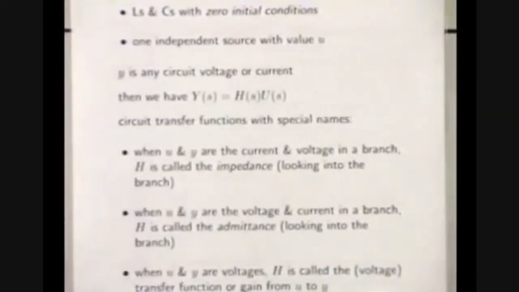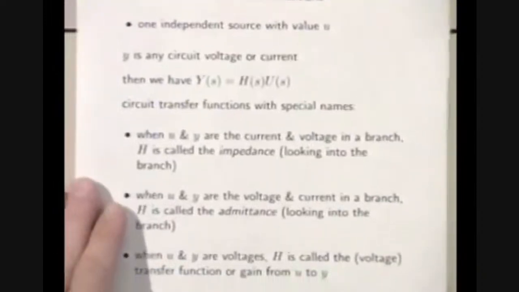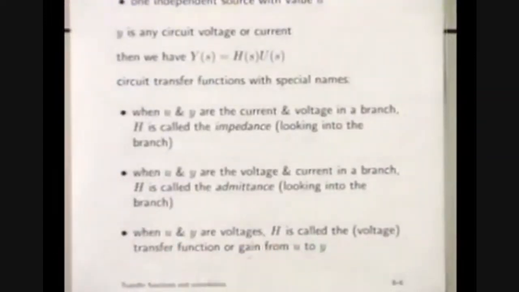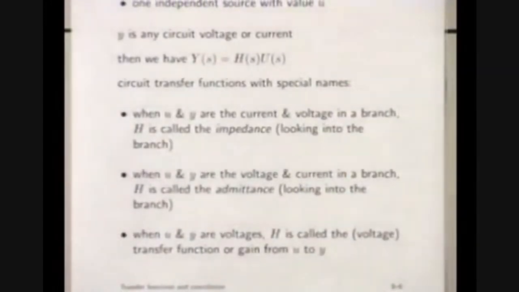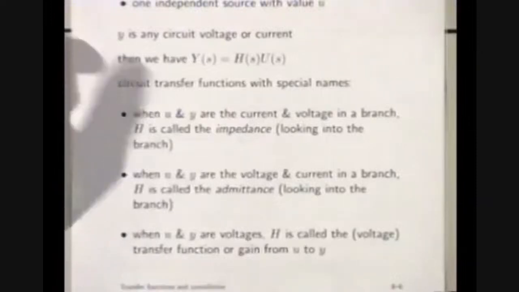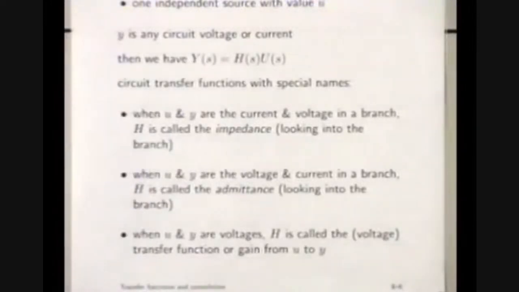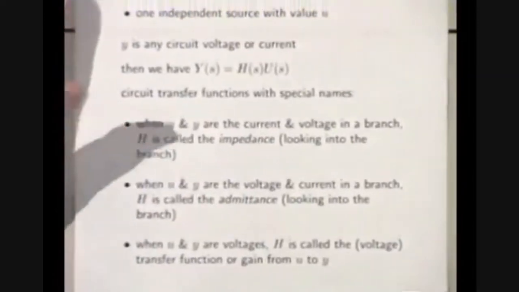If it's the voltage and current in a single branch, you call it the impedance. If you're expressing the current in terms of the voltage, it's called an admittance. When they're both voltages, it's called the voltage transfer function, or just the transfer function from one place to another in the circuit. And the same thing with currents: it's called the current gain, or the current transfer function of a system.